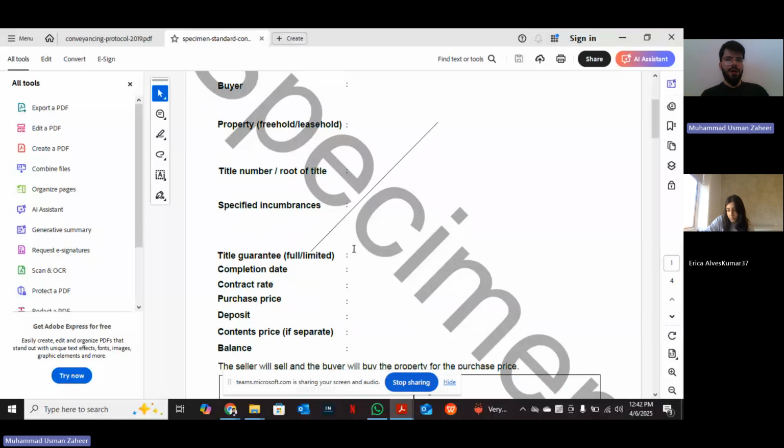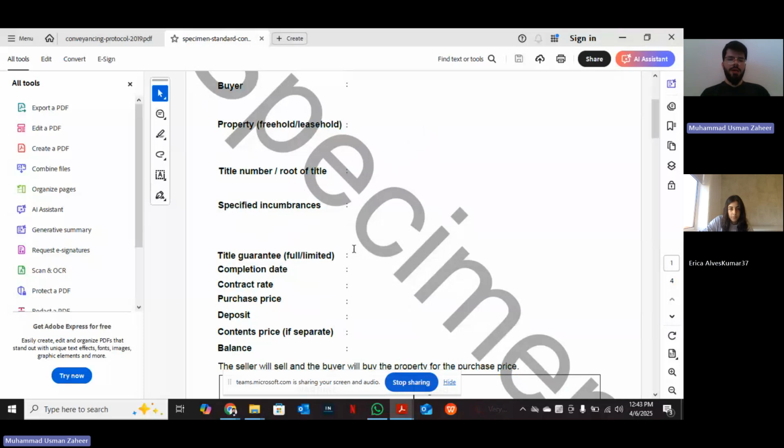He cannot guarantee what this property entails, or what this property has. That is a limited title guarantee. A full title guarantee would usually be seen where the person is the actual seller, named in the proprietorship register, and he can give you a full title guarantee.